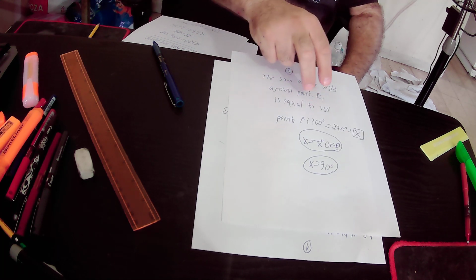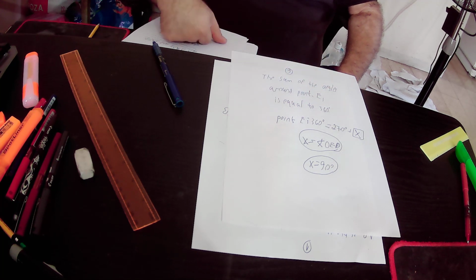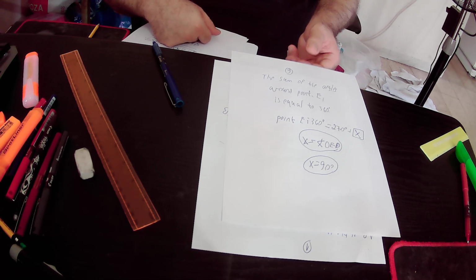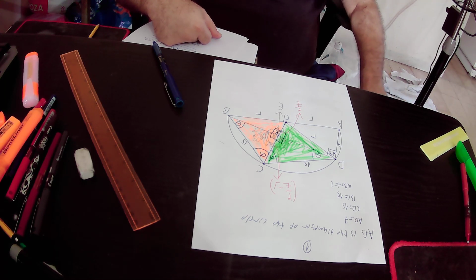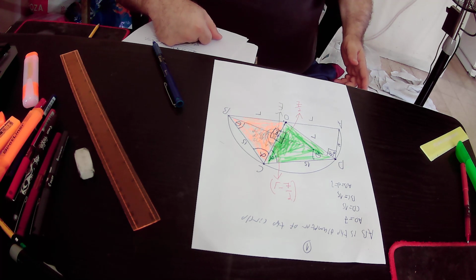Subtracting 270 degrees, we get that x equals 90 degrees. So we found out that all four angles around point E are right angles.